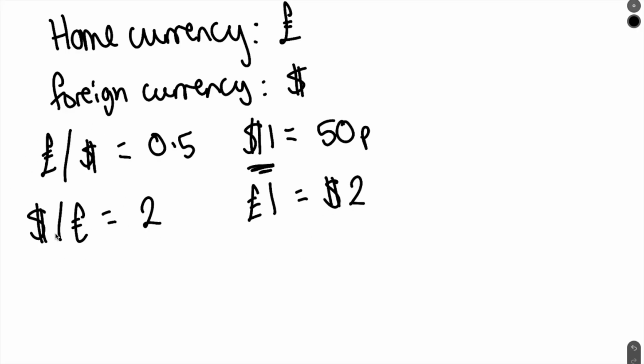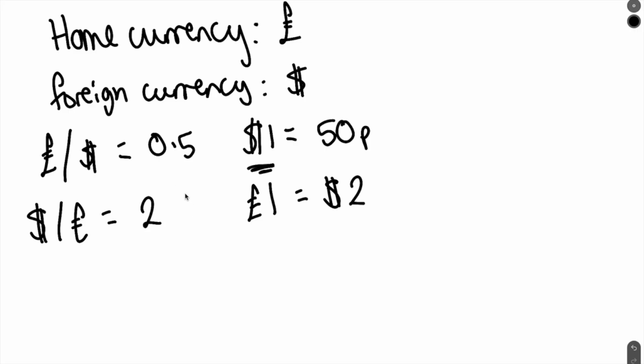So depending on which way round it is written, massively affects the exchange rate and how you would interpret it. Because if you had confused these and I'd said the number got bigger, you wouldn't know which currency is appreciating, okay?